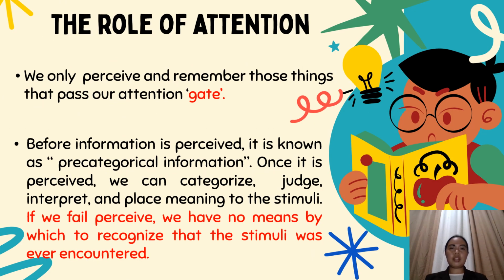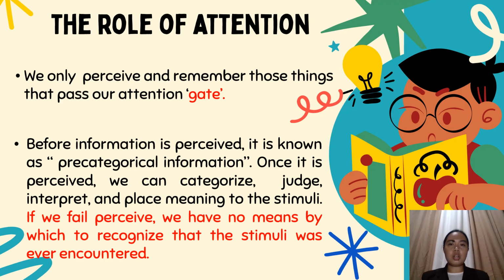The role of attention: attention acts as a gatekeeper in the process of information processing and memory. Although our senses are constantly bombarded with information, we only perceive and remember the things that capture our attention.